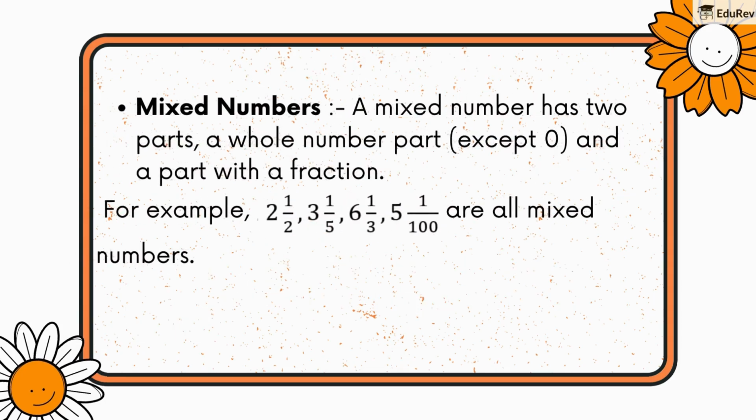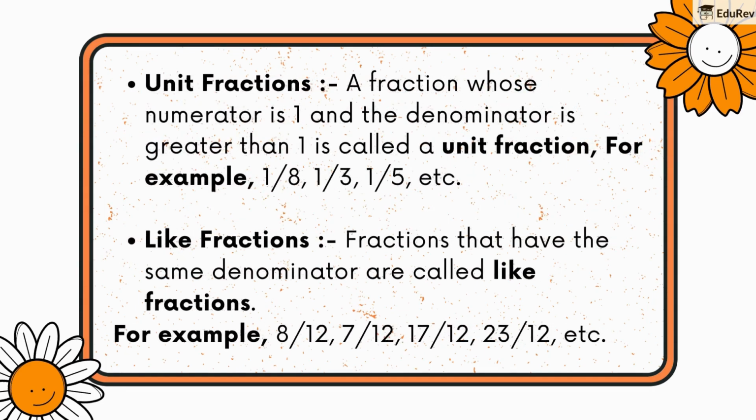Mixed numbers: a mixed number has two parts, a whole number part, except 0, and a part with a fraction. For example, 2 and 1 by 2, 3 and 1 by 3, 6 and 1 by 3, 5 and 1 by 100, are all mixed numbers. Unit fractions: a fraction whose numerator is 1 and the denominator is greater than 1 is called a unit fraction.